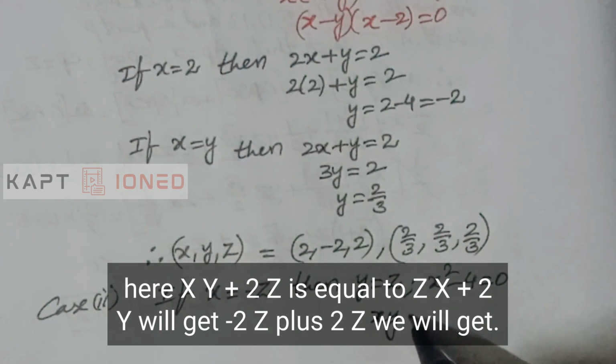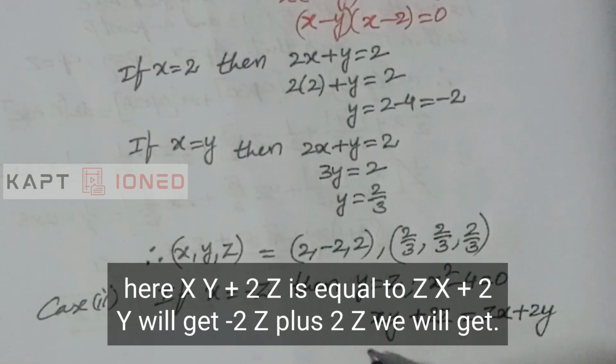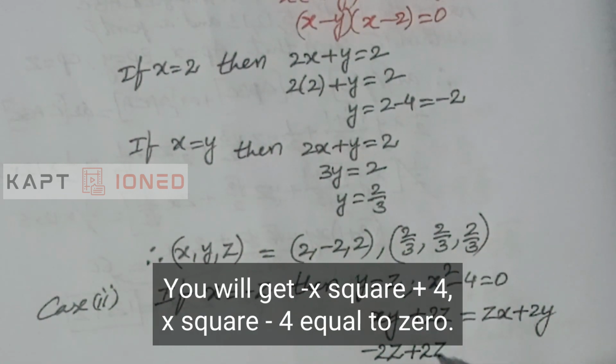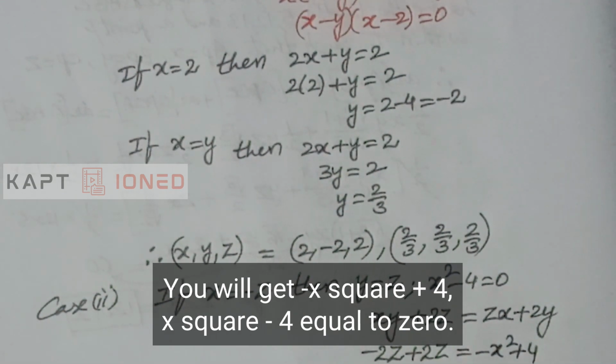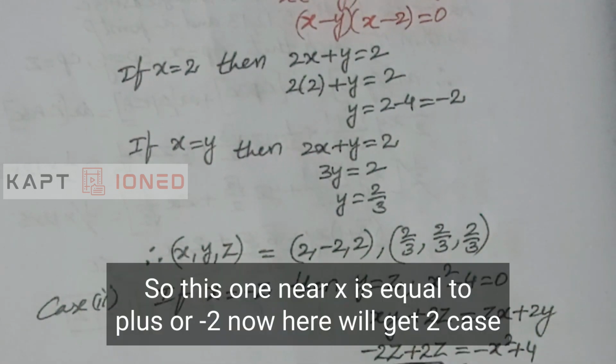Here xy plus 2z is equal to zx plus 2y. So here we'll get minus x square plus 4. So this value is 0: x square minus 4 equal to 0.